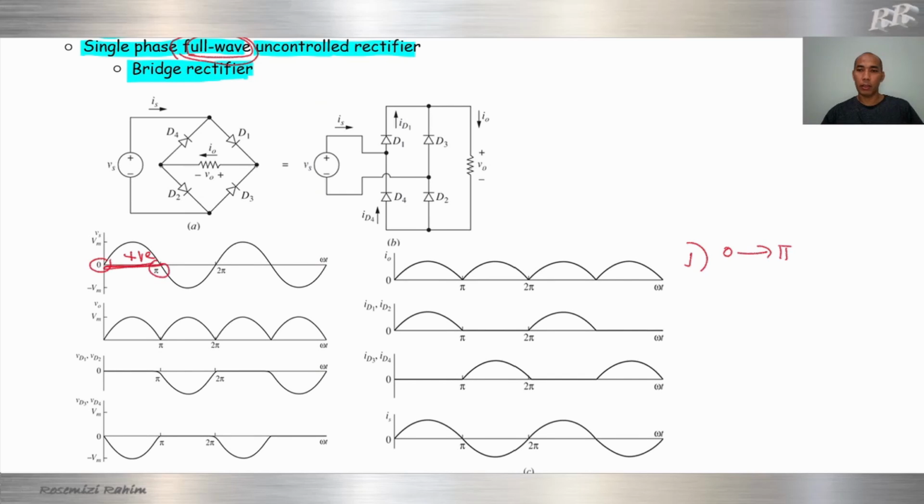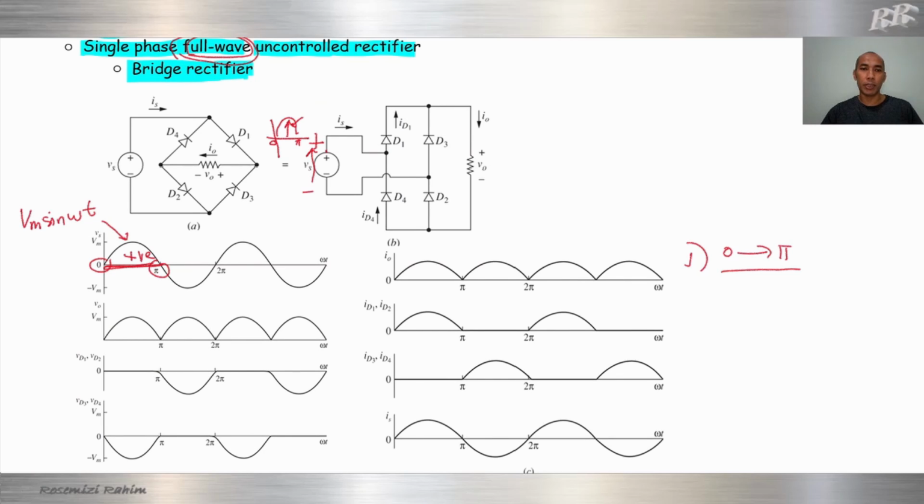Let's say we put our voltage here, in the positive cycle. The signal is sinusoidal, which is Vm sine omega t. This is the positive cycle from 0 to pi. Just follow the arrow, positive and negative.